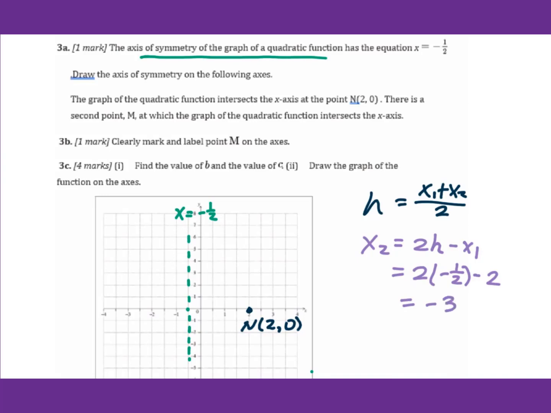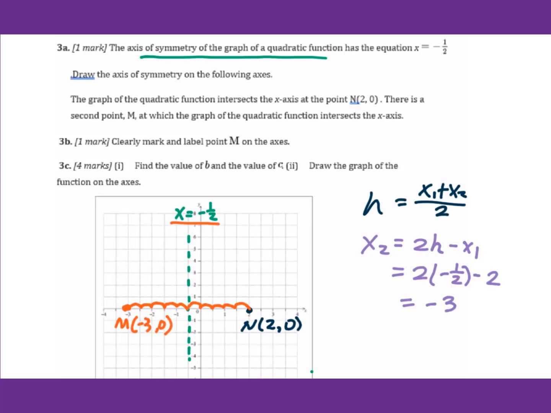Or, since the axis of symmetry is the midpoint of these two roots, I just count the units: 1, 2, 3, 4, 5. Then from here 1, 2, 3, 4, 5. You could see this will be (-3, 0).